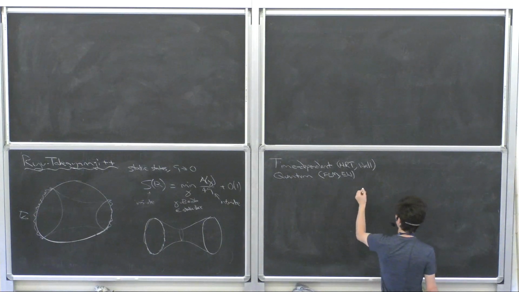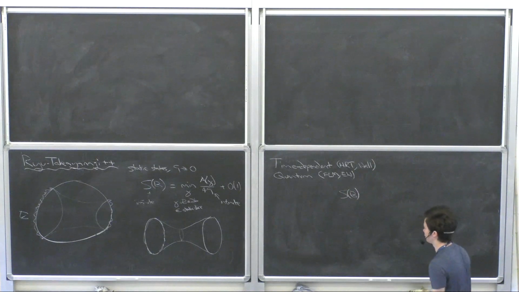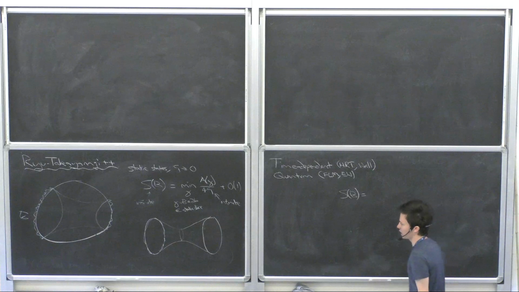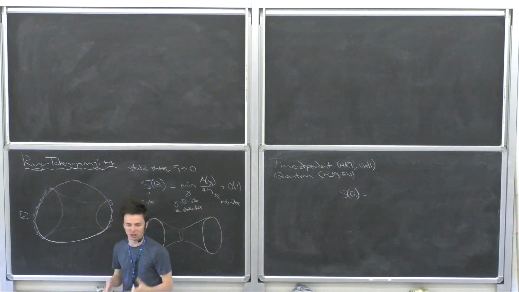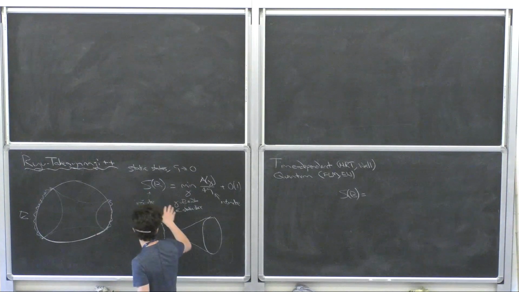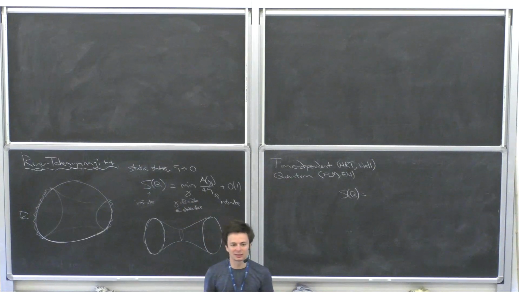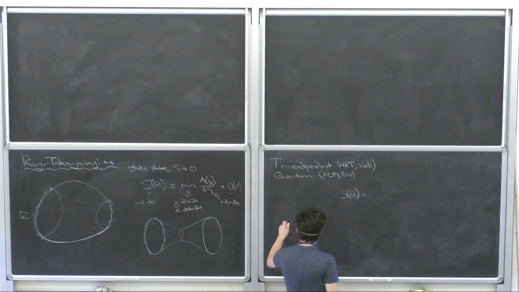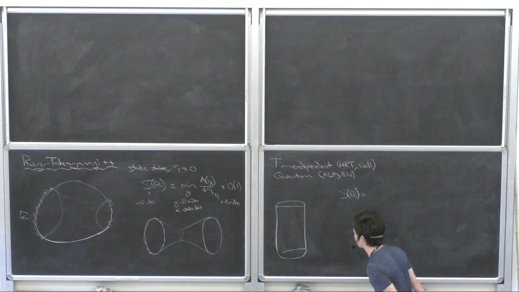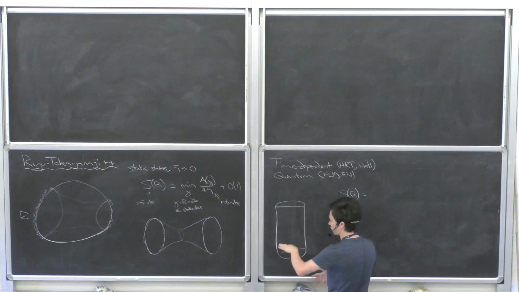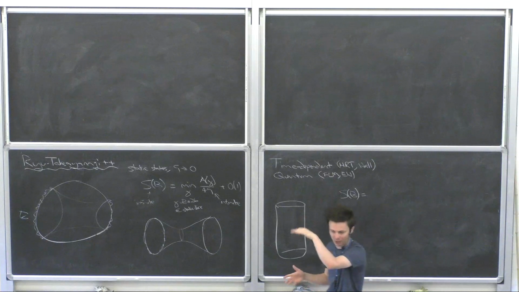So the Wall version, which is actually the later version, says, okay, in the static slice, we knew which Cauchy slice we should be looking at when we find this minimal area surface, right? But when we have a time-dependent spacetime, clearly it doesn't make sense to look for the minimum over all possible Cauchy slices. So here we have a full spacetime, the can of soup of AdS, because you can imagine some really weird Cauchy slice that entirely consists of light-like pieces zigging backwards and forwards in time.